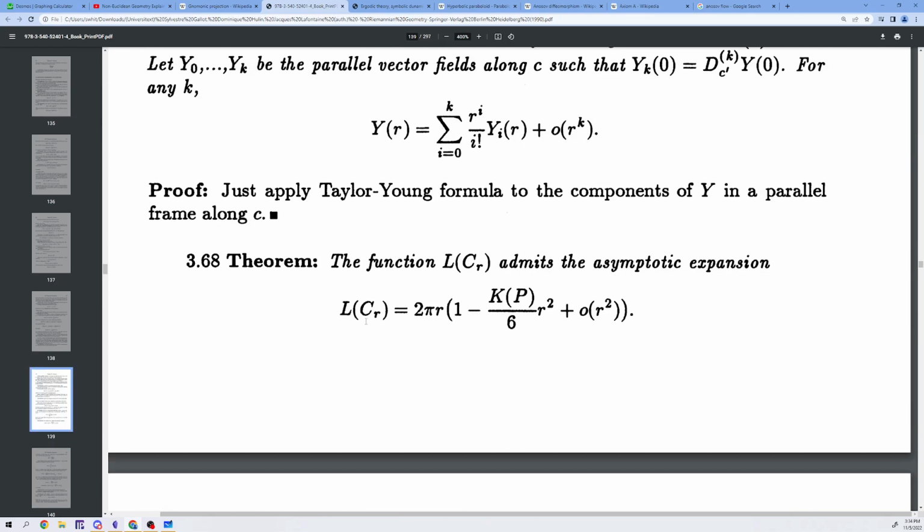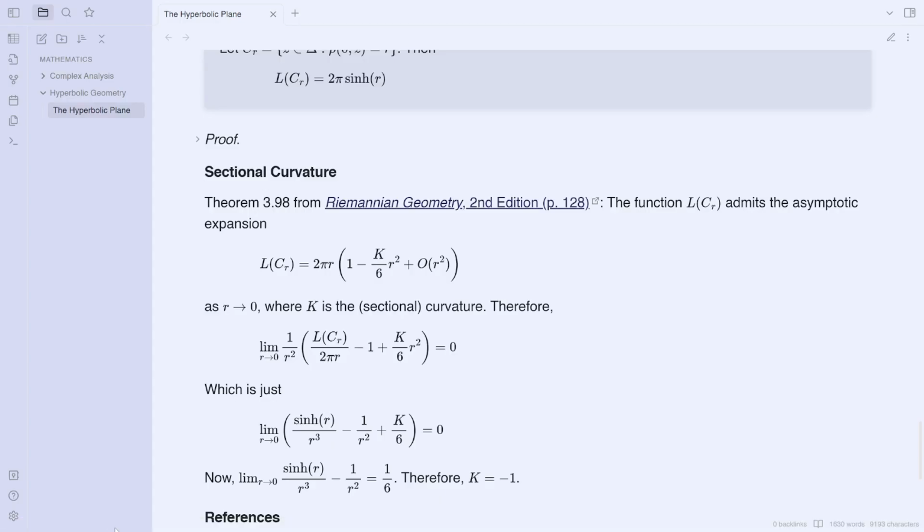What I just did was solve this for the sectional curvature K. Wikipedia has big O. I guess it just depends on who you ask. Oh yeah, I do have big O there, don't I?